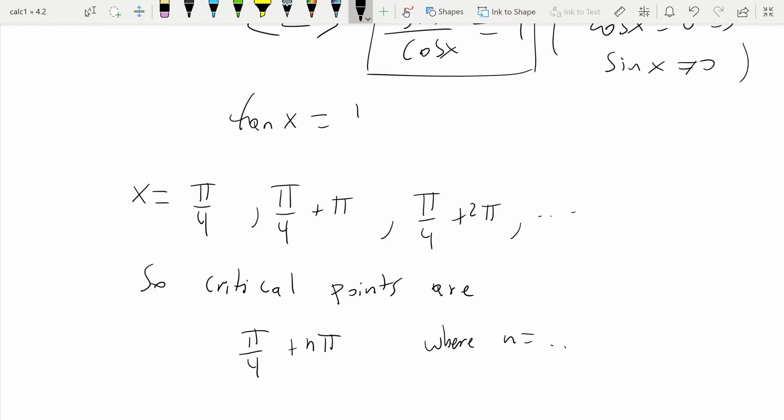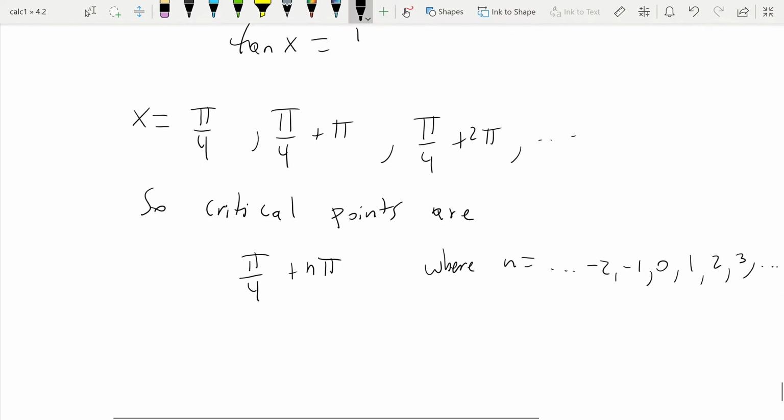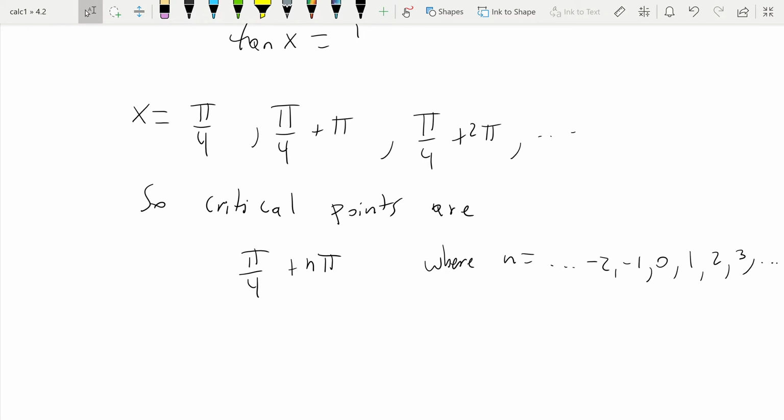It could be something really negative, -2, -1, 0, and then all the natural numbers 1, 2, 3, etc. So these are all the critical points.